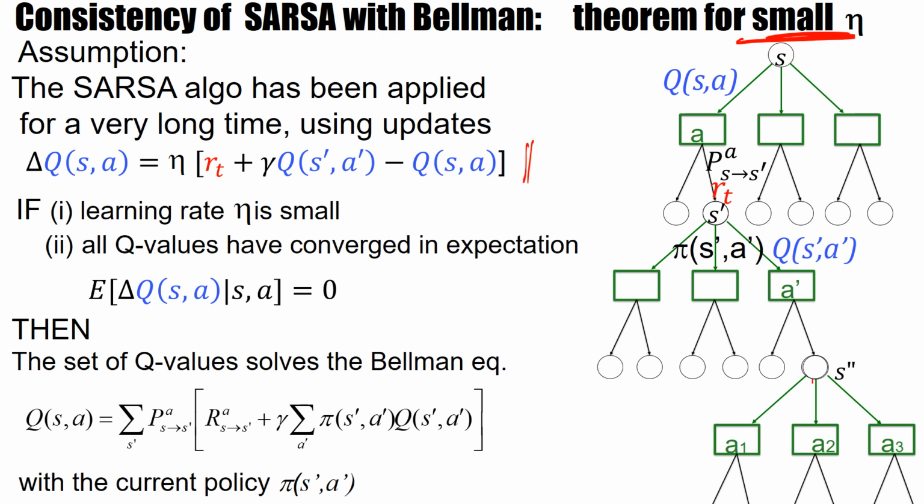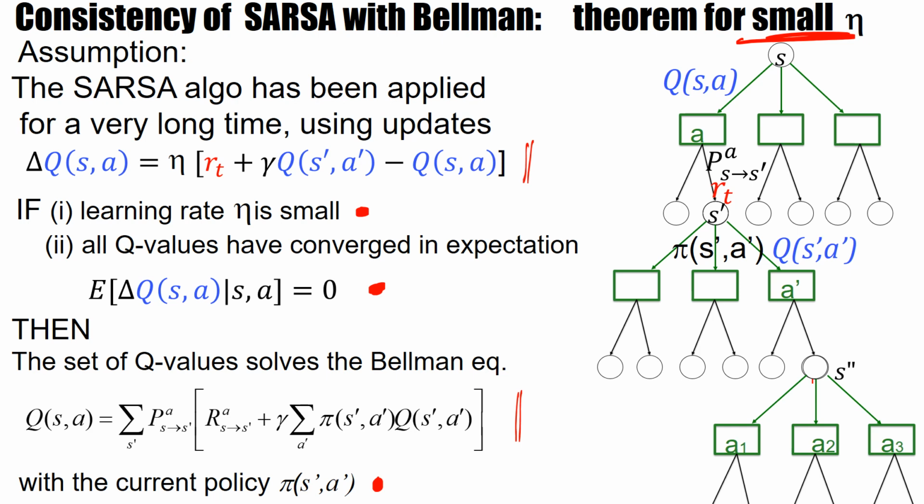Now, if the learning rate eta is small, and if we have played long enough so that the Q values have converged in expectation, so the expected update is 0 for all state and action pairs, then the set of Q values solves the Bellman equation with the current policy pi.